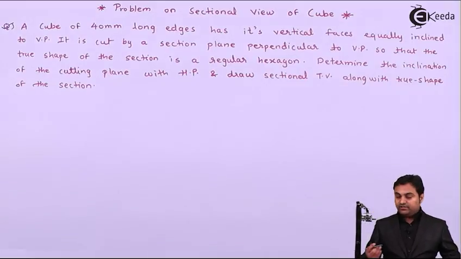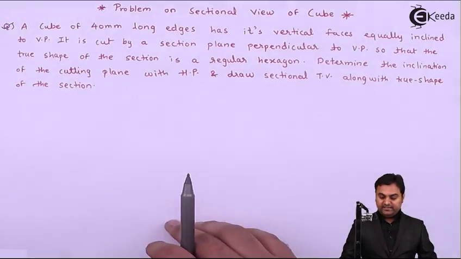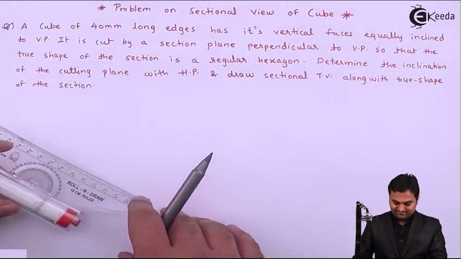Just by reading it, we understood that the type of solid is a cube. So first I'll draw the diagram for it and explain the initial conditions.